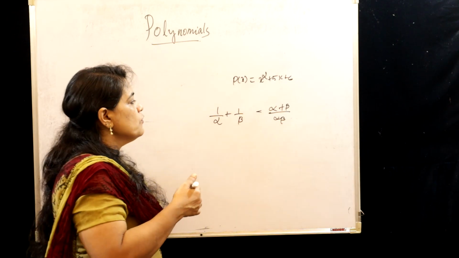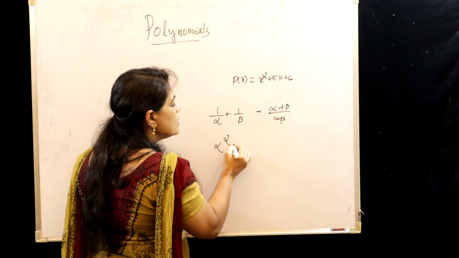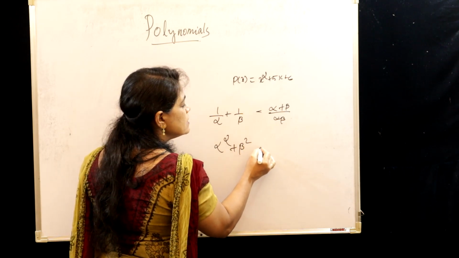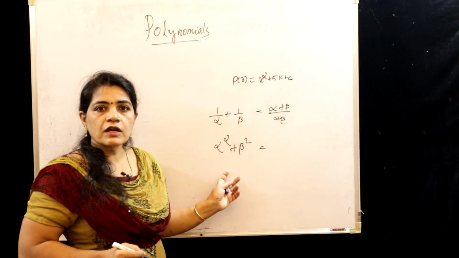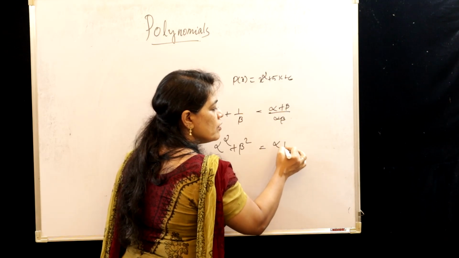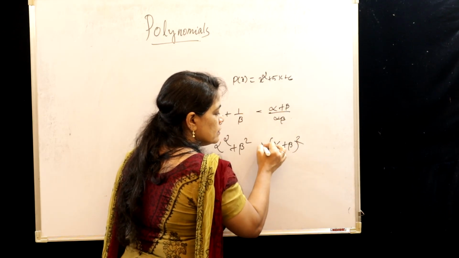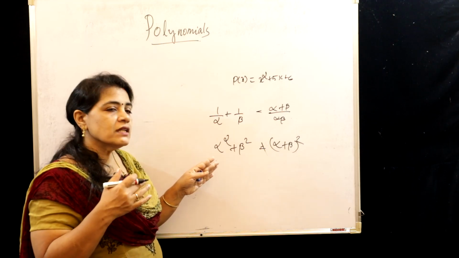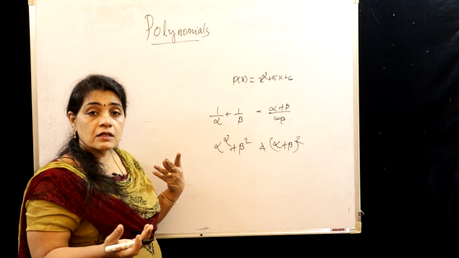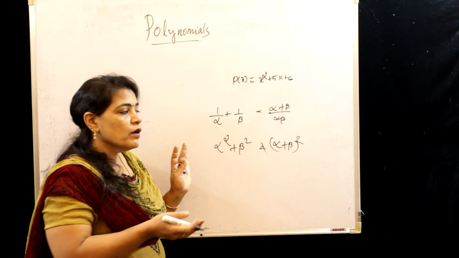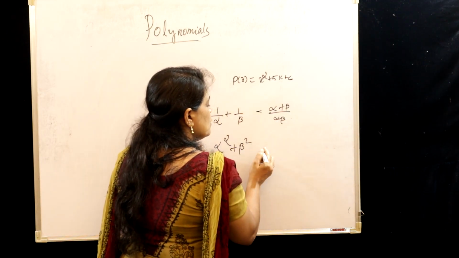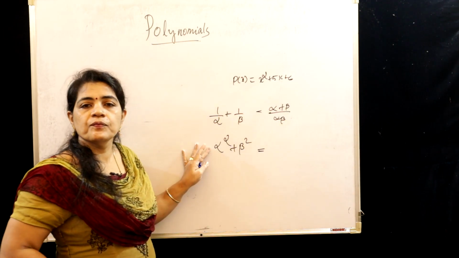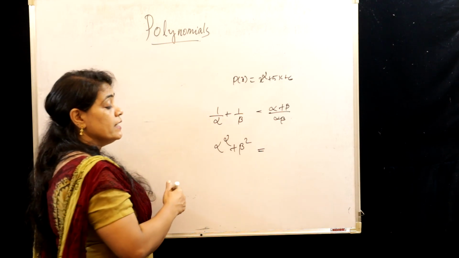See children, if it is alpha square plus beta square, how will you get it? Do you think alpha square plus beta square is equal to alpha plus beta whole square? Not equal. Alpha square plus beta square and alpha plus beta whole square are both different. In order to get its value we have an identity. What is that?